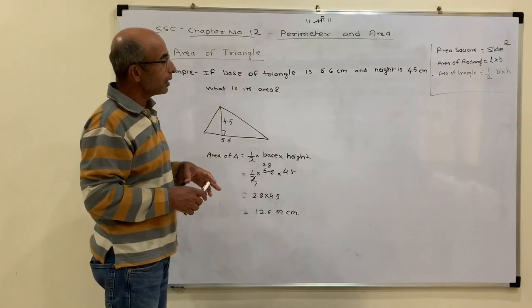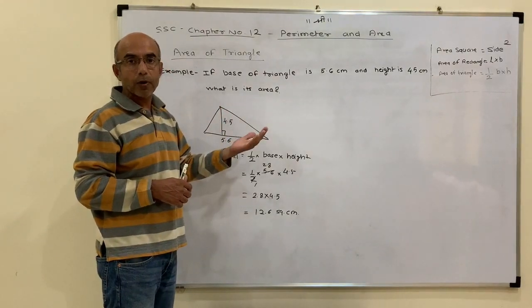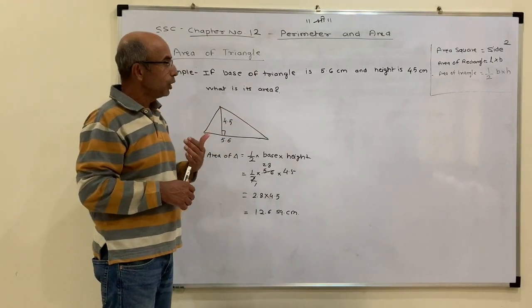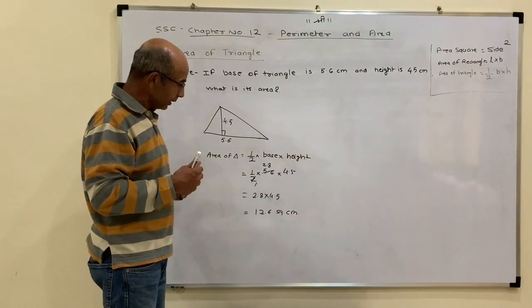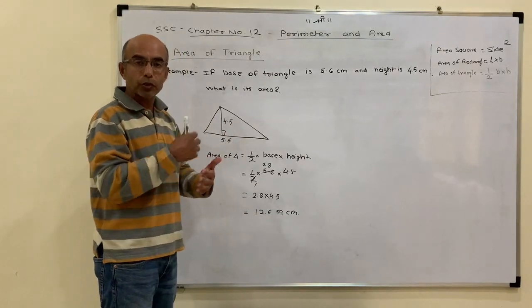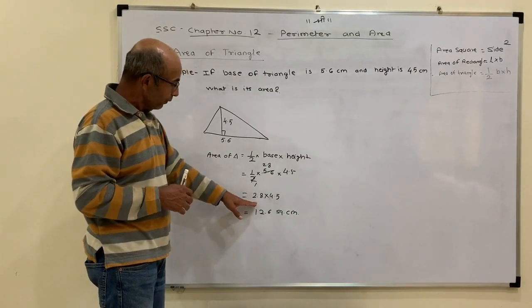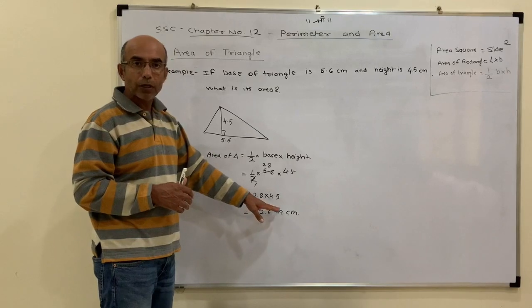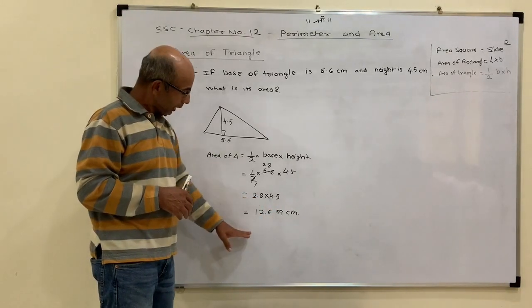As I have mentioned several times, you need to learn tables from 2 to 13 by heart to speed up your calculation. Once you know the tables, it takes a very short time to find the answers. Here, if you see 28 into 45, if the table of 28 is remembered, this calculation is very easy.